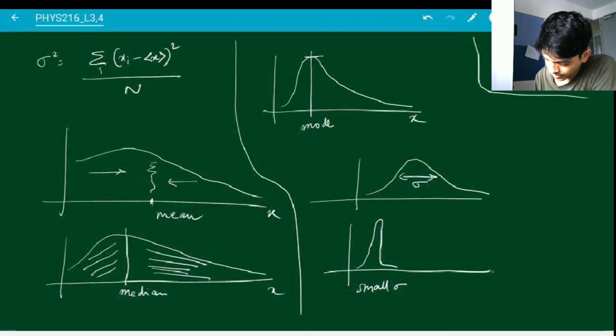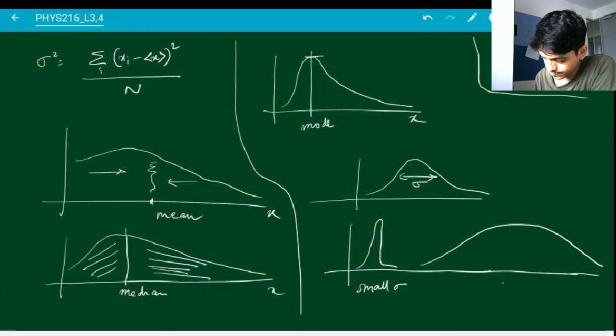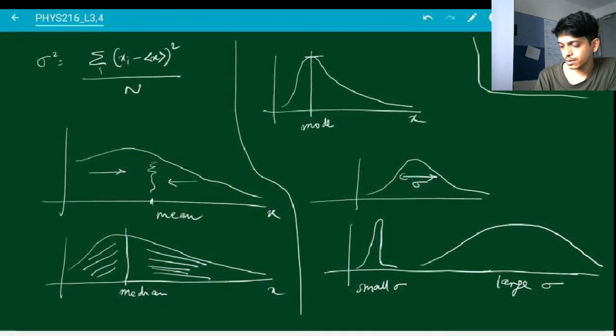On the other hand, if you have a large value of sigma, it means it's a very broad, spread out distribution. So this is what mean and standard deviation signify for any kind of distribution. How useful they are depends on the kind of distribution. There is no general answer as to which one is useful.